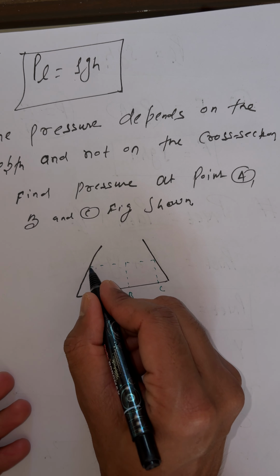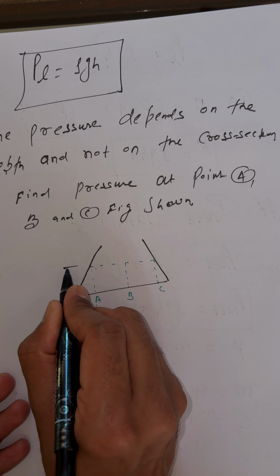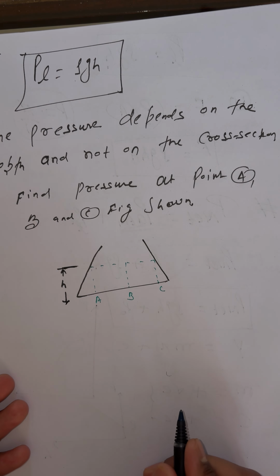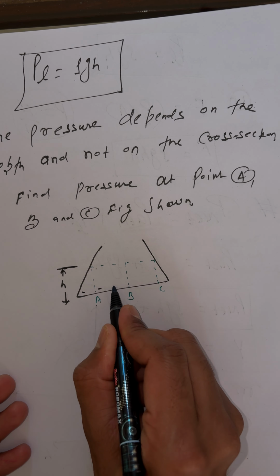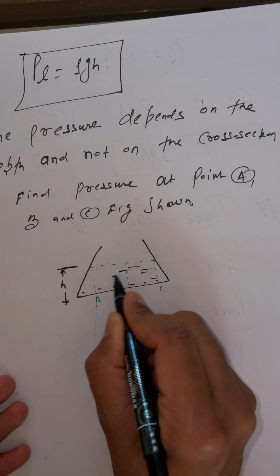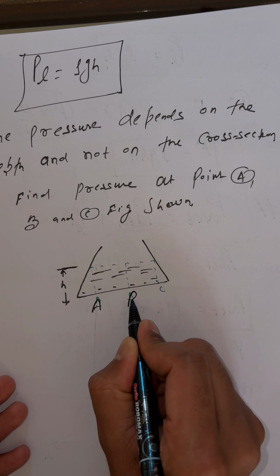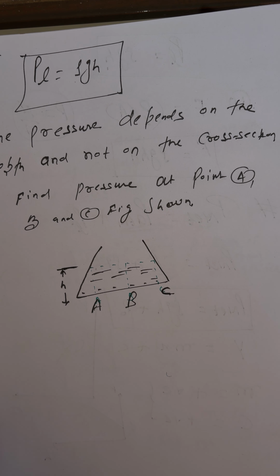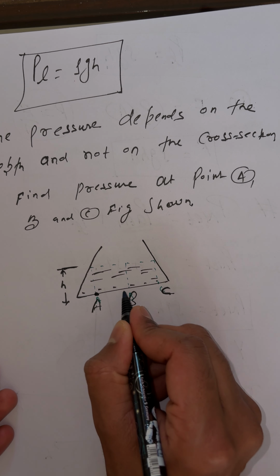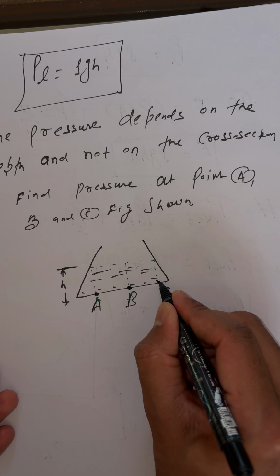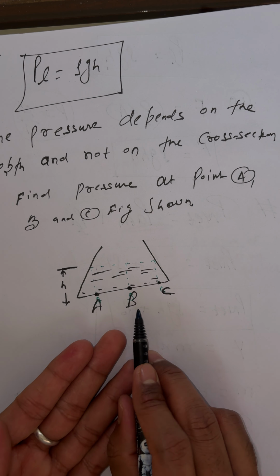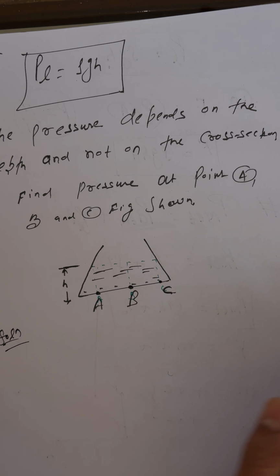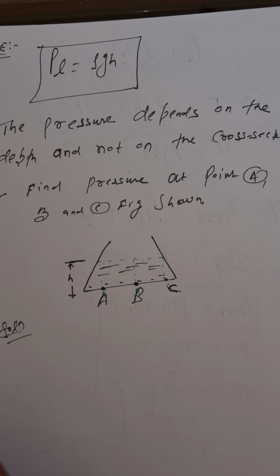Students, the height of the liquid remains the same for all the points, which is H only, in the container. I wrote A, B and C again for better visibility. This is point A, this is point B, this is point C. Now let's talk about the solution.